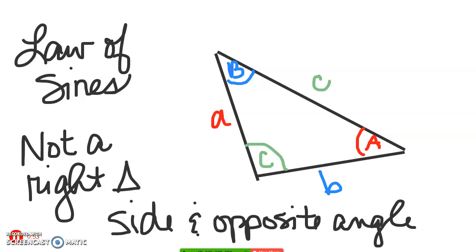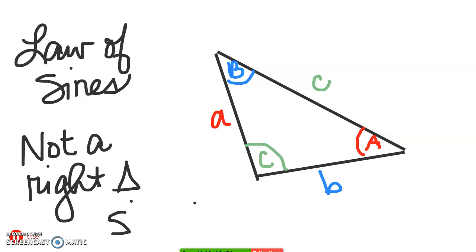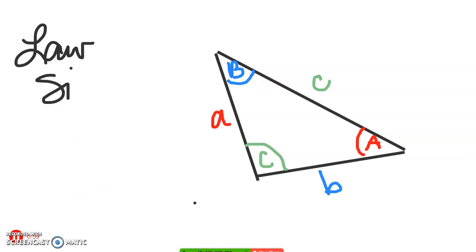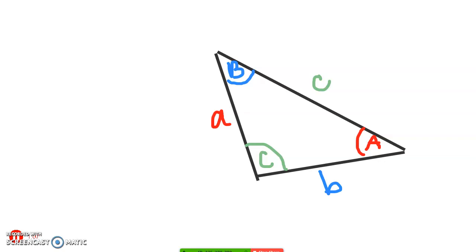Okay, so what that means is if I have a couple pieces of information about a triangle, it doesn't have to be a right triangle, I can find the rest of the triangle, all the measurements of the rest of the triangle.